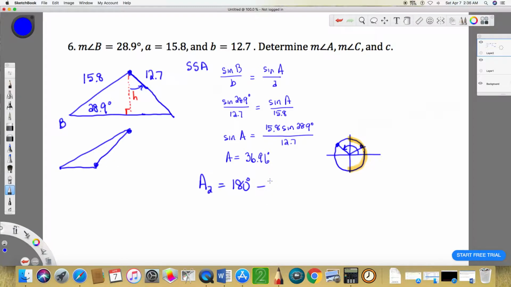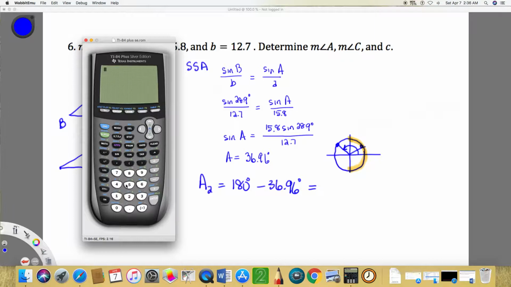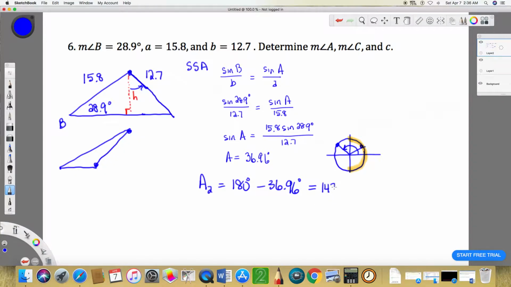We'll treat it as a reference angle. 143.04.